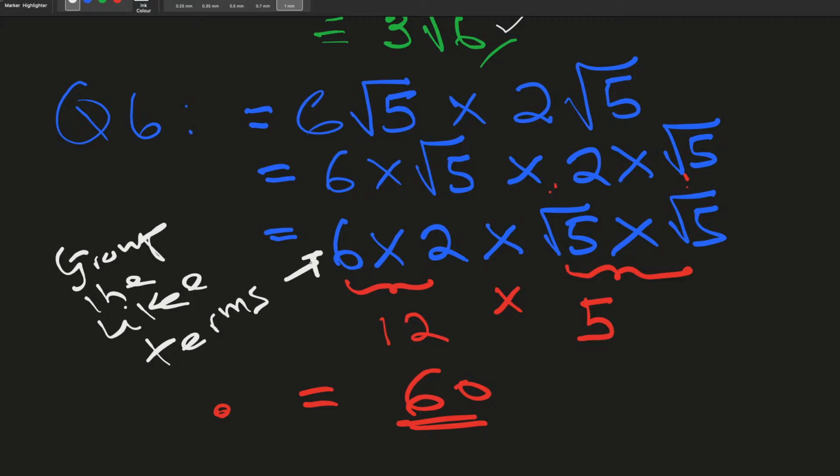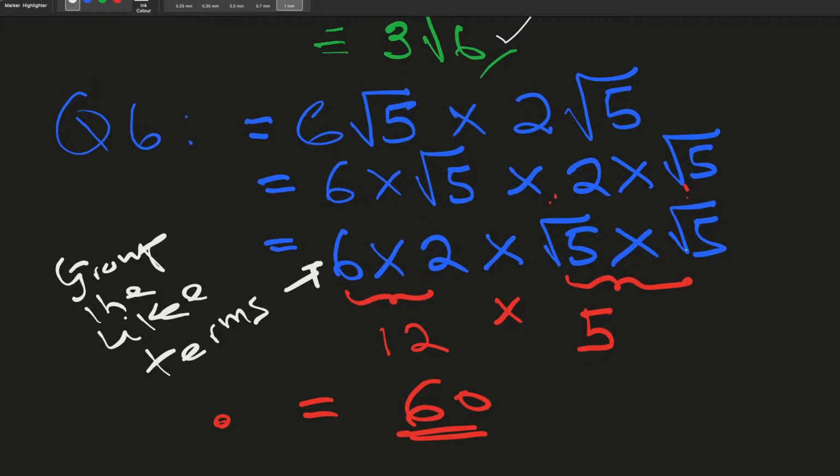And we had 6 times 2 and root 5 times root 5. We know 6 times 2 gives us 12, and root 5 times root 5 is 5. And we know 12 times 5 is 60. Okay, then that was the final one.